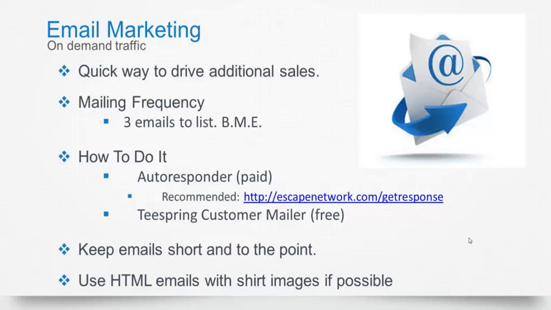Also, using HTML emails with shirt images embedded works better than simple plain text emails. If you can't do HTML emails, that's fine. Do plain text. It's better than nothing. But if you can do HTML emails, having the picture of the shirt right there in their face when they open the email is a great way to get them to click through and buy it.